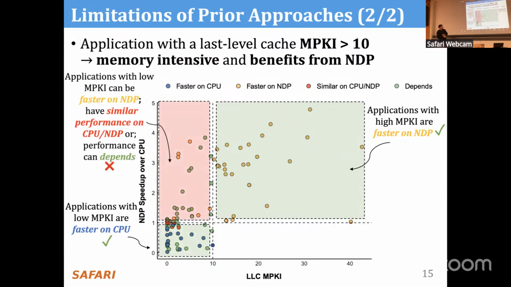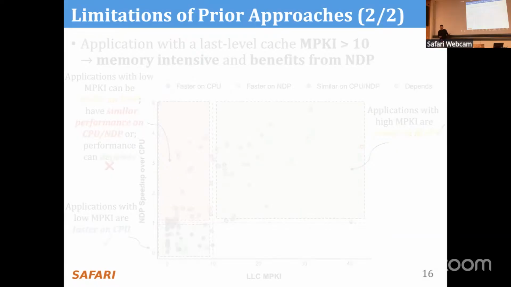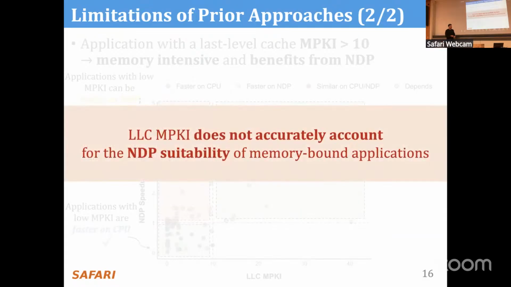But using this model, there are applications where the last level misses per kilo instruction is low, to whatever definition of low we're using, but they benefit from processing memory, or might benefit depending on the configuration. So again, if you look at a single metric, that's the key here, it's not enough to give you the big picture of what the memory intensiveness definition actually is that you are looking for when you're trying to understand if an application benefits from processing memory or not.